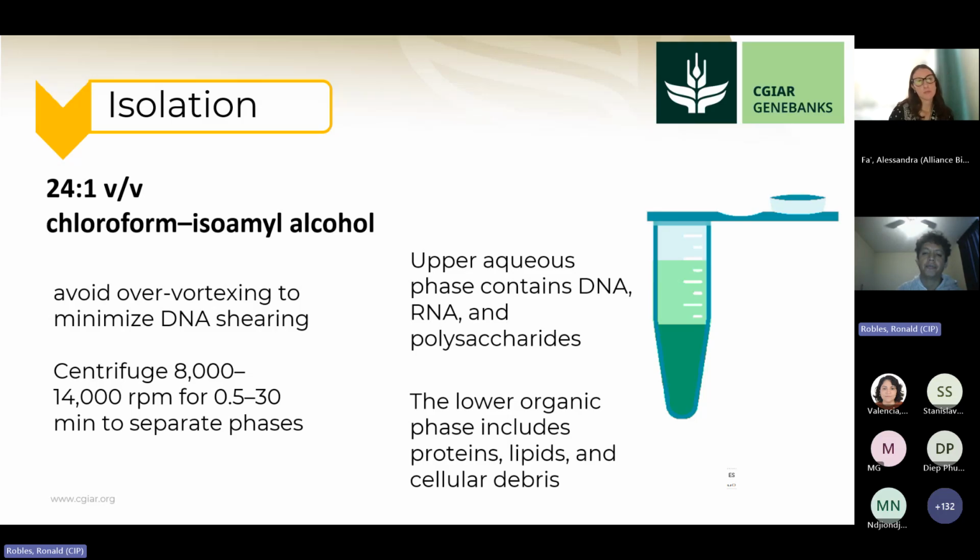This permits us to separate the DNA from the rest of the debris from the cell. In this step, we need to do gentle vortexing, but not too much, to avoid the DNA fragments being sheared.